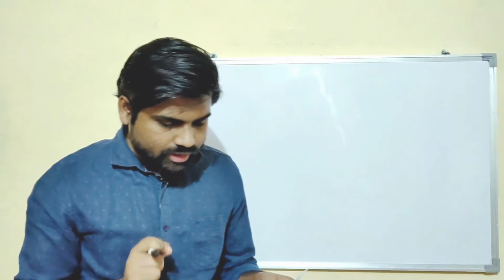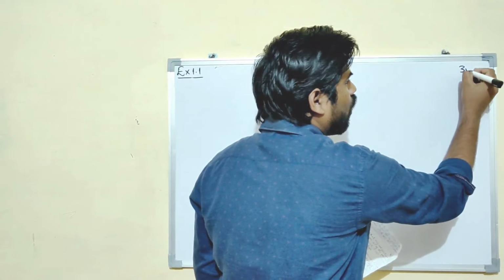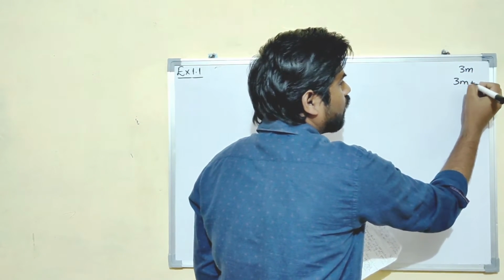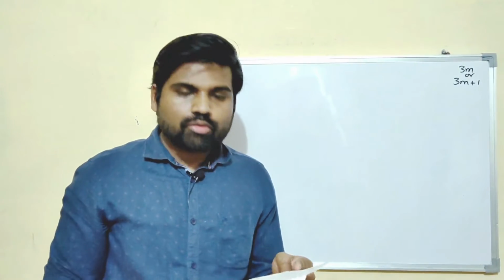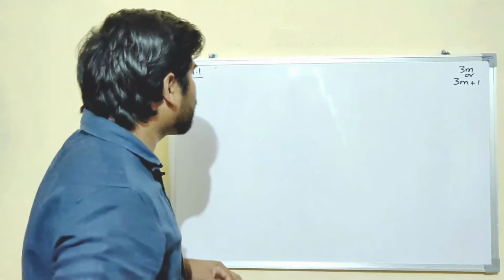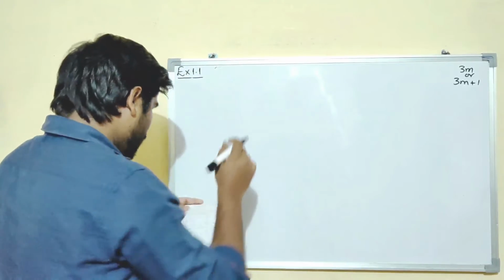Fourth question says, use Euclid's division lemma to show that the square of any positive integer is either of the form 3m or 3m plus 1 for some integer m. Now it is a little bit different question, but the similar one only.